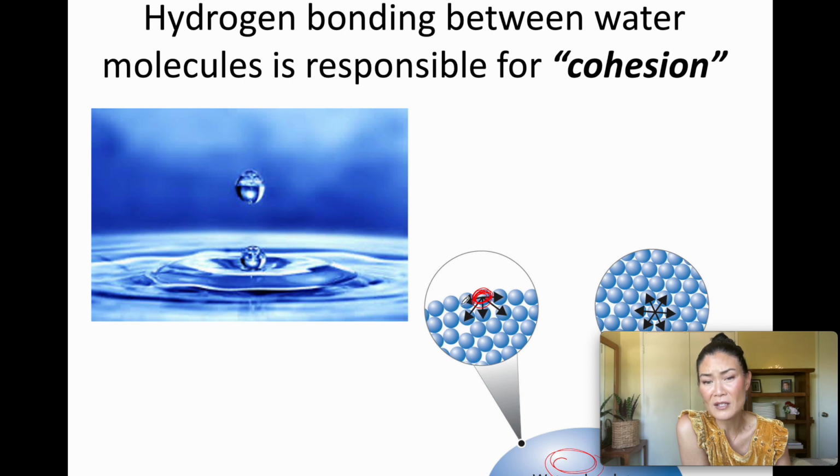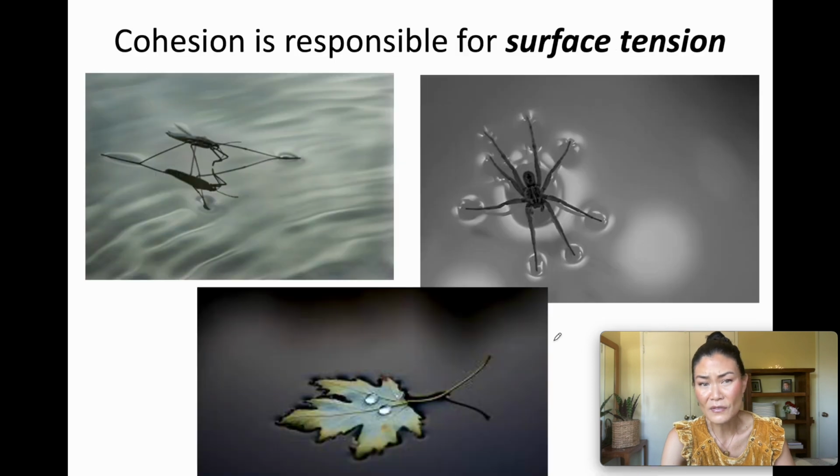The hydrogen bonding is actually stronger than if it was a water molecule surrounded by other water molecules. And that's what we call surface tension, okay? So water has a lot of surface tension. Water attracted to water at the surface is responsible for surface tension, and the hydrogen bonding at the surface is stronger than the hydrogen bonding that occurs within the water droplet.